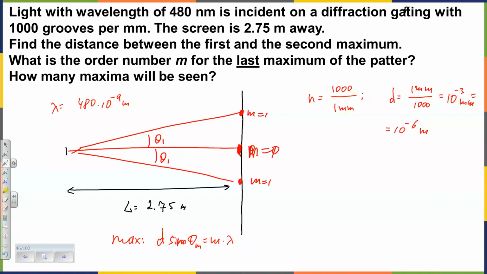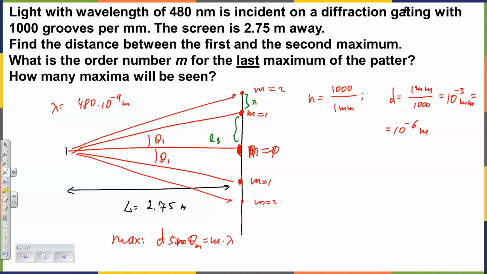Now, let's see what we need to calculate. Distance between the first and the second. Okay. There is a second right here, or here. This is our x. Now, we know that we can calculate this distance.